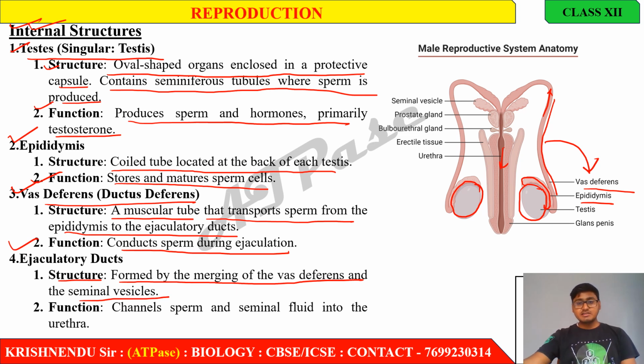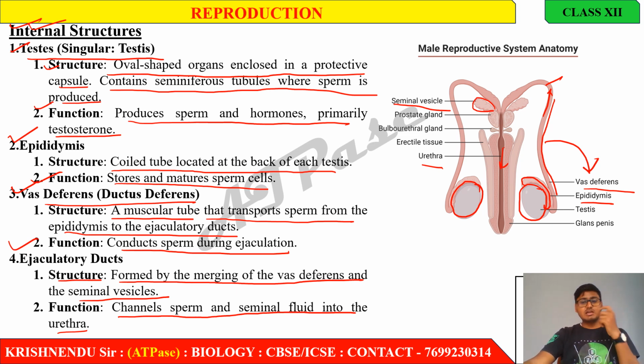This is the vas deferens, you know that, and this is the seminal vesicle. Together they form the ejaculatory duct. What is the function of the ejaculatory duct? It channels sperm and seminal fluid into the urethra. This is the urethra.